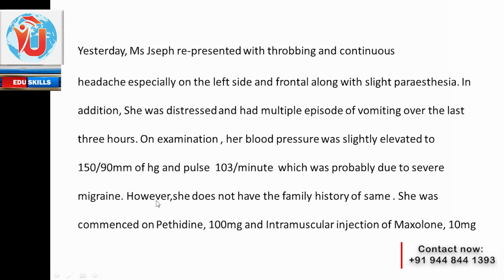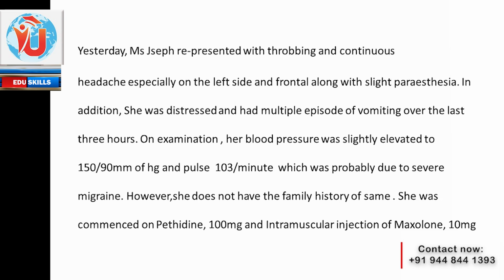It is probably due to severe migraine. They were not able to take a decision and said that it is suspected due to severe migraine. In the first paragraph of the case note, it is given that the patient doesn't have any family history of migraine. On the first date, they didn't mention anything about migraine.